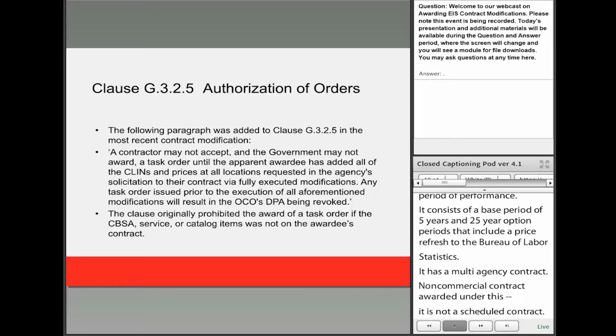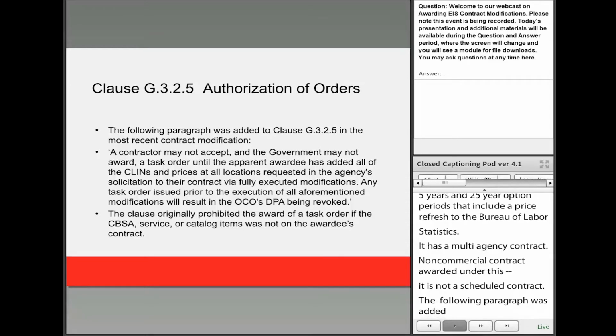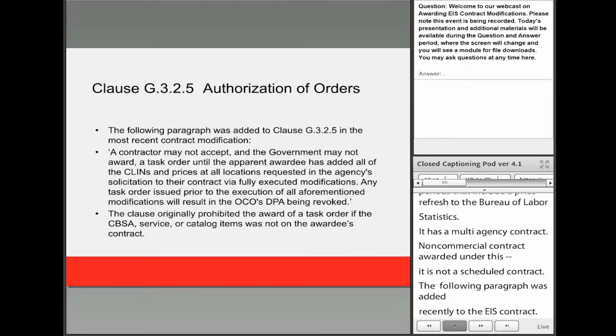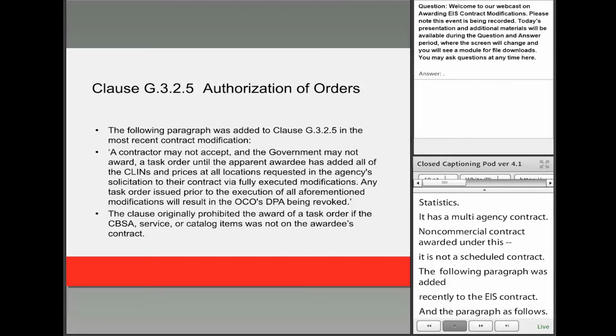A contractor may not accept and the government may not award a task order until the apparent awardee has added all of the CLINs and prices at all locations requested in the agency solicitation to their contract via fully executed modifications. Any task order issued prior to the execution of all aforementioned modifications will result in the ordering contracting officer's delegated procurement authority being revoked.